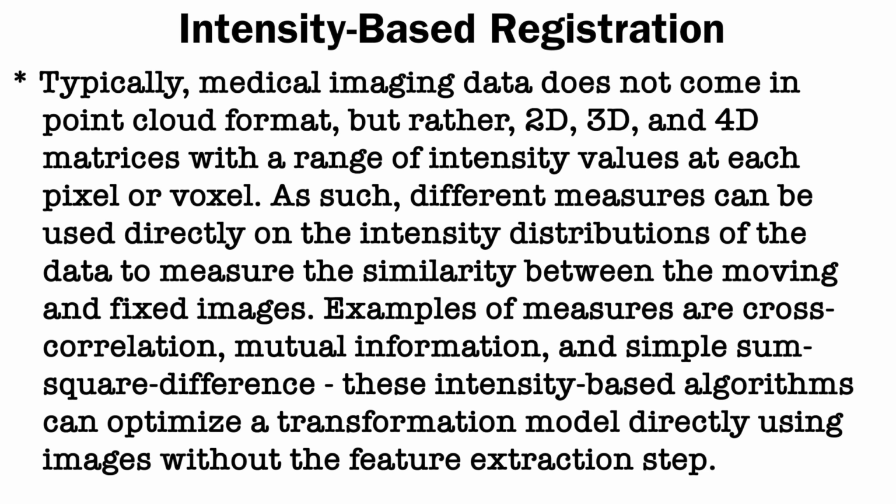Examples of measures are cross correlation, mutual information and simple sum of squared differences. These intensity-based algorithms can optimize a transformation model directly using images without the feature extraction steps.